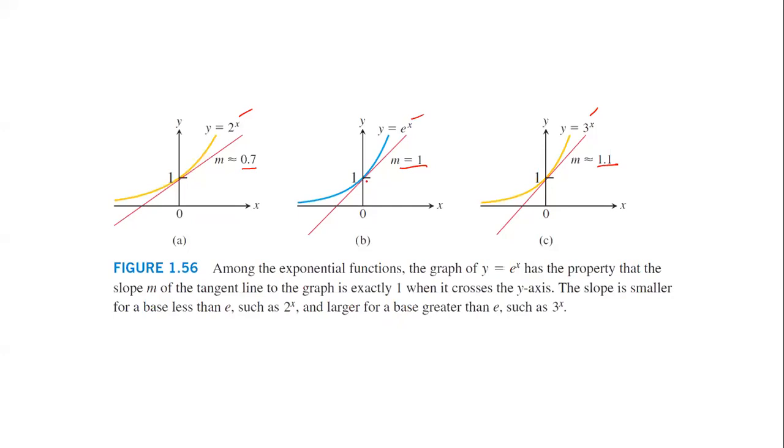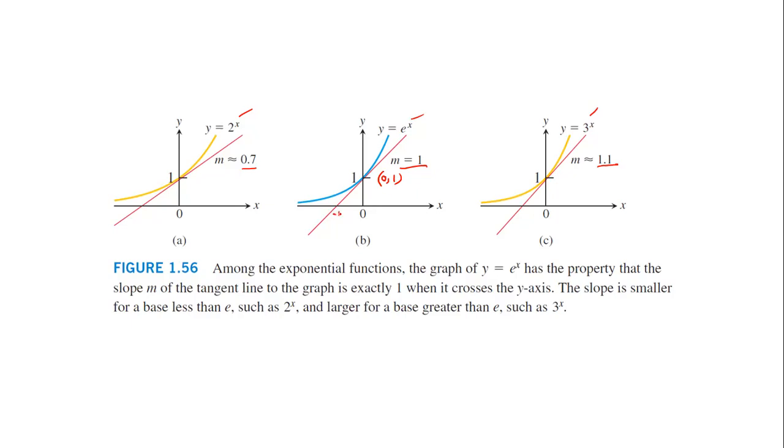Why do you think the slope over here is equal to 1? Because this point over here is equal to 1, right? Yes. Okay, and this point will be equal to 1. So if this point is 0, 1, then this point will be what? 1, 0.